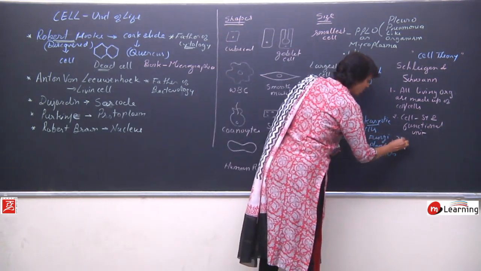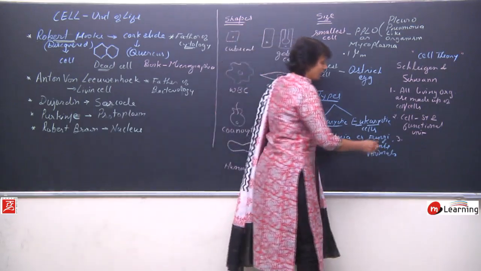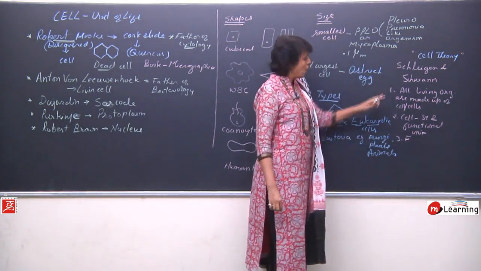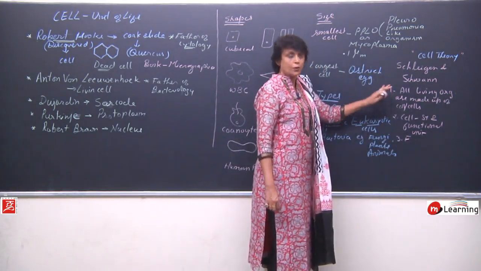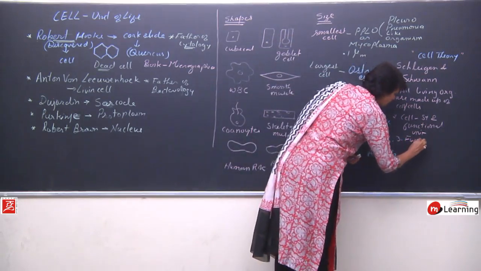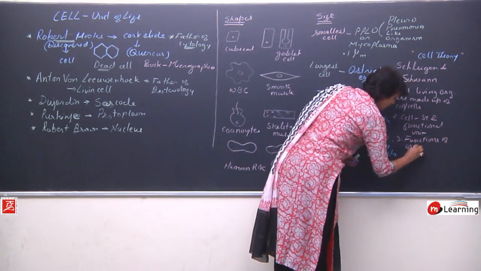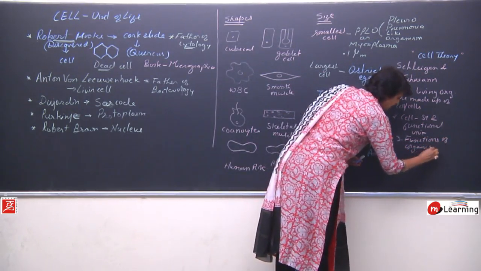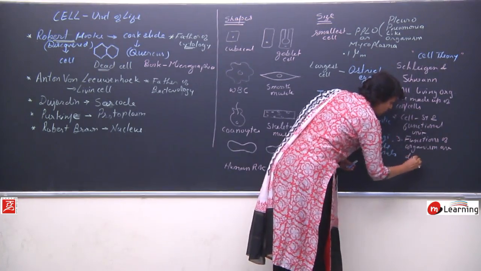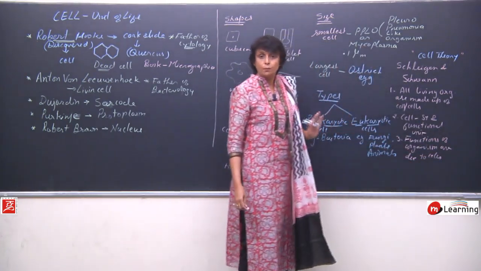Third point was that the functioning of an organism, whatever the organism's functions are, is the contribution of all the cells which make up the body of that organism. So, functions of organism are due to the cells which the body is made up of.